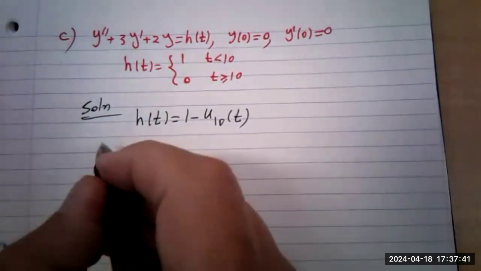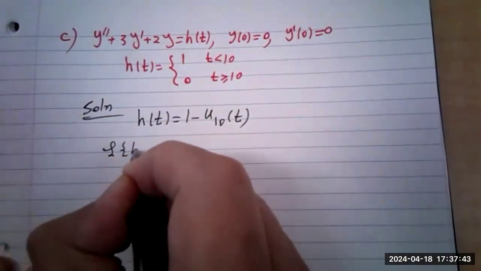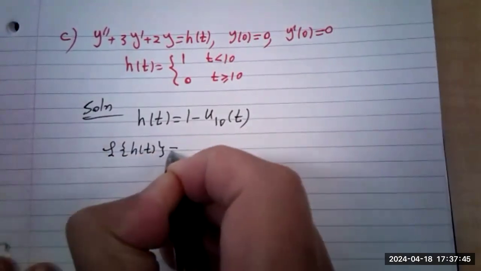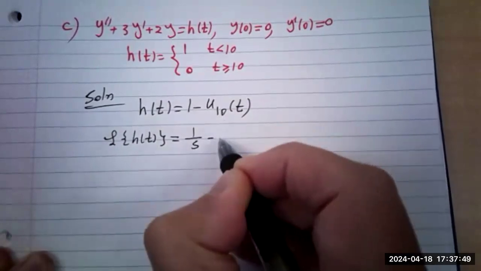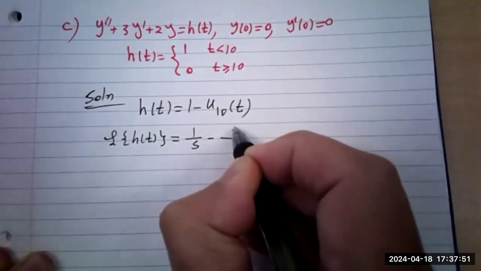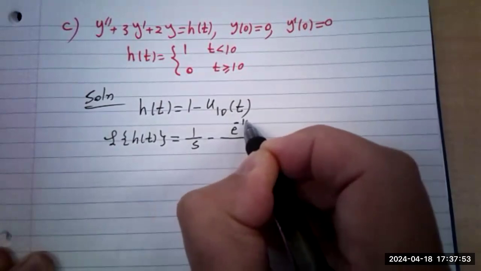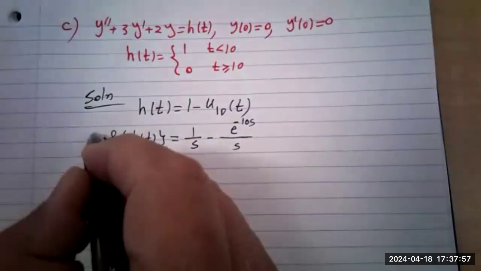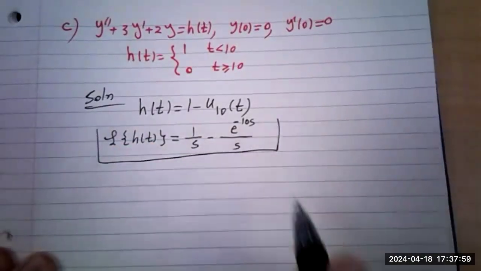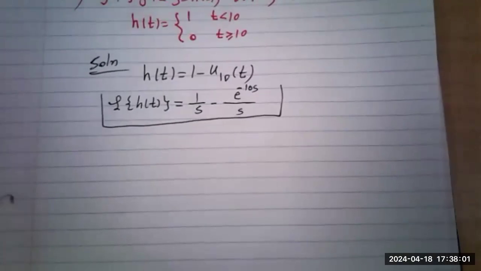Okay, so get the Laplace of h(t), which is going to be the Laplace of 1, which is 1 over s, and the Laplace of the u, which is e to the negative 10s divided by s. So this is the Laplace of the u function.